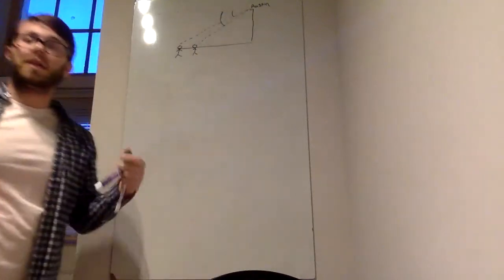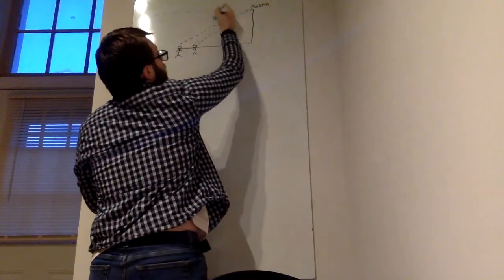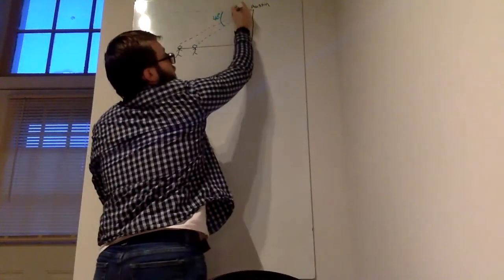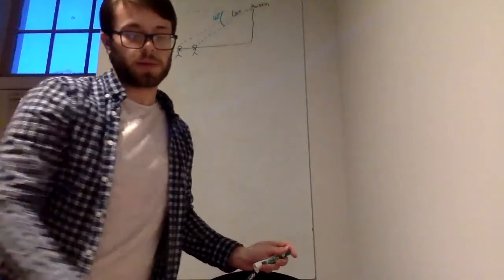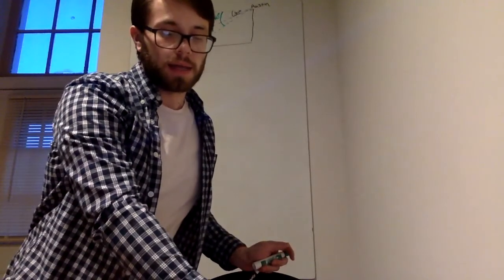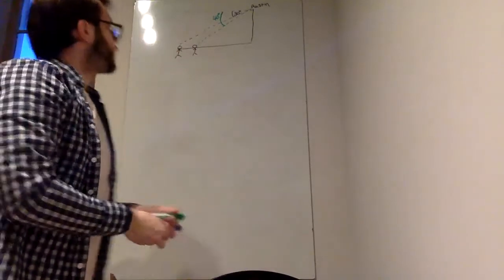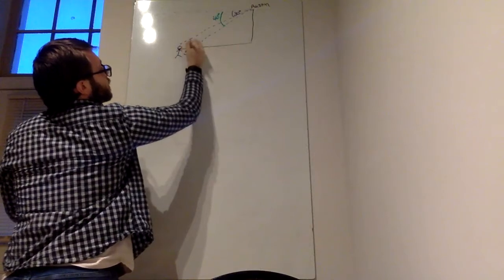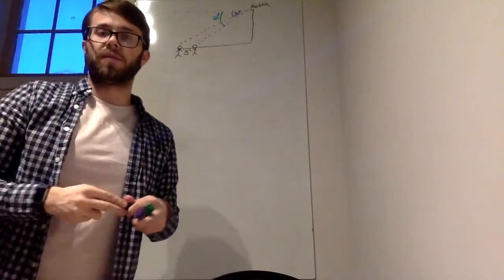The green angle is bigger, so that will be our 40 degree angle, and this one will be our 30 degree angle. Before we go on and do any more work, we need to make sure there's no other information. It also informs us that the friend is 5 feet beyond the first. So this right here has to be 5 feet. Okay, so that's everything that it gives us in the book for information.